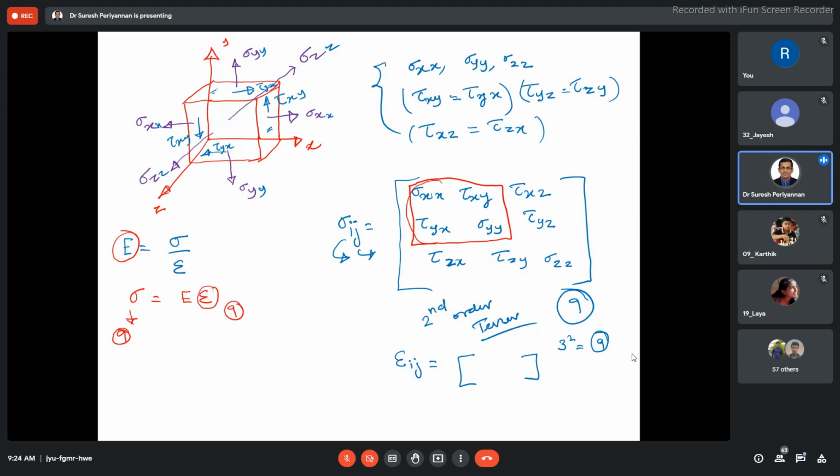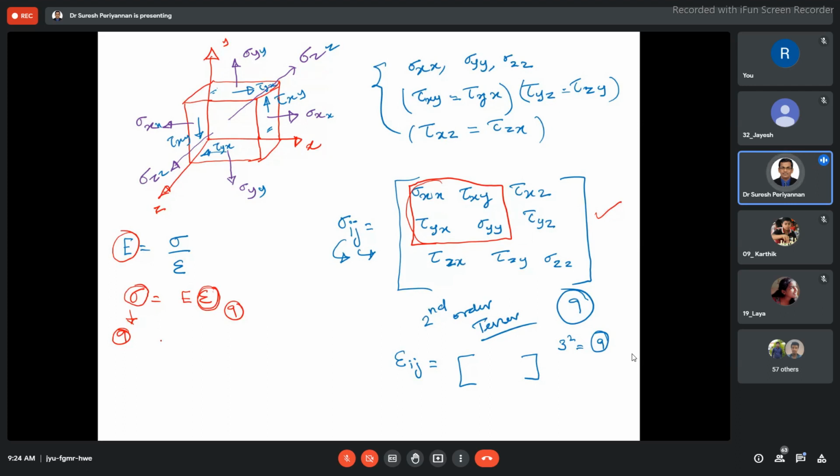Are you understanding? As per the matrix rule, we have written the stress tensor as a 3 cross 3 matrix. This guy having 9 components, I can write in terms of a column matrix.